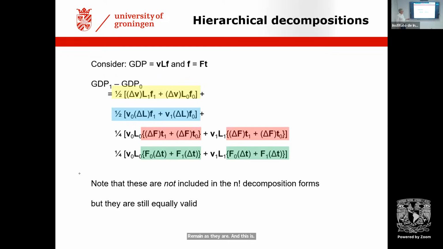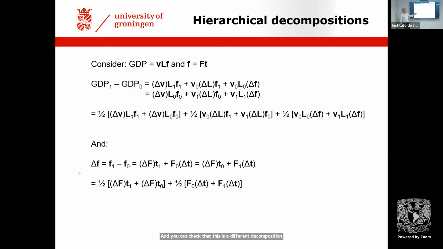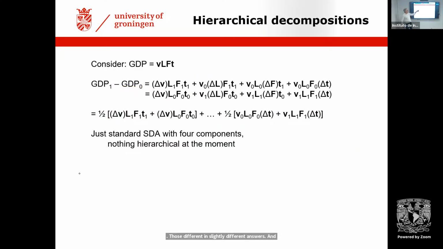You see? No. Okay. And if you at home later, after I've made the PowerPoint available, you can check that this is a different decomposition. It looks different, you have slightly different answers than this decomposition.